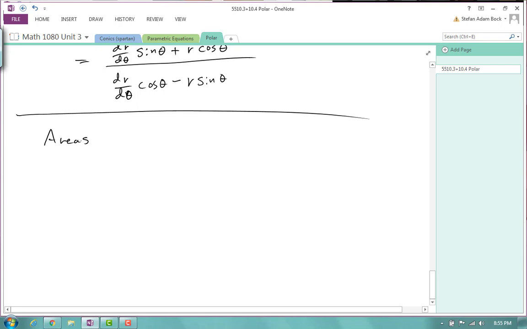Well, we do that with the area of a sector of a circle. Sectors of a circle are kind of like the rectangles from the Cartesian system. If I take a narrow enough angle, or narrow enough difference in angles, then I'm going to be roughly circular with an appropriate radius.